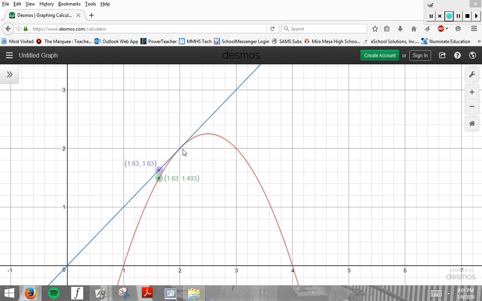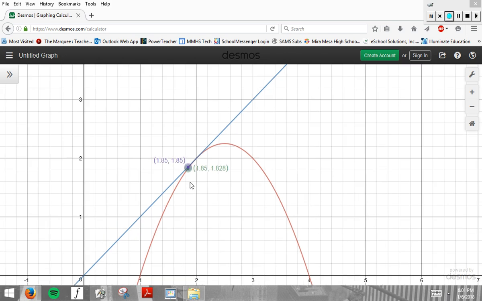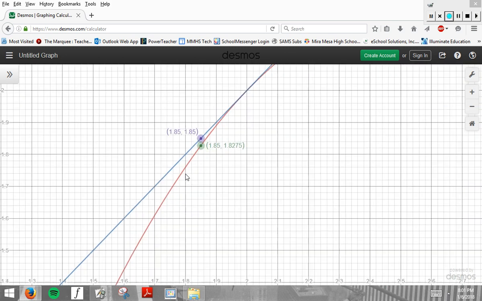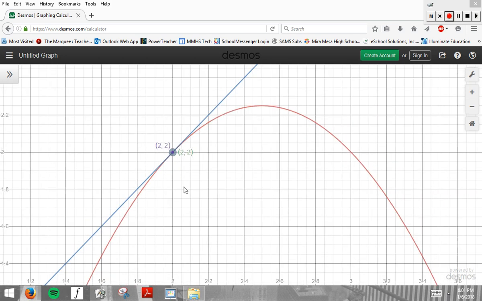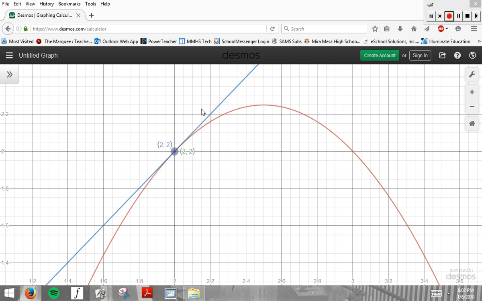As we get closer to an x value of 2, these y values are getting very close together, to the point here where I have to zoom in to even see the gap, because we're only 0.023 off. 0.004 off. And then, like I said, at the point of tangency, they're the same. Because this is where the graphs are tangent. That's how I got my tangent line.